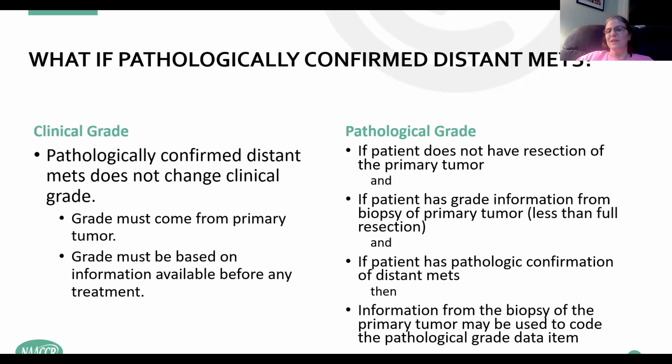So remember, you have to have grade information from the primary tumor and microscopic confirmation of distant mets. If that situation is met, there's no surgical resection, then you can use the clinical grade and the path grade field. So this was just another way that Jim put together this slide.